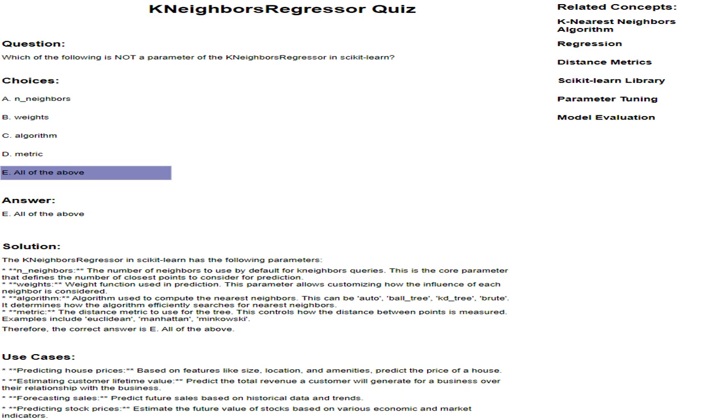Regression. A type of supervised learning where the goal is to predict a continuous output variable based on input features.